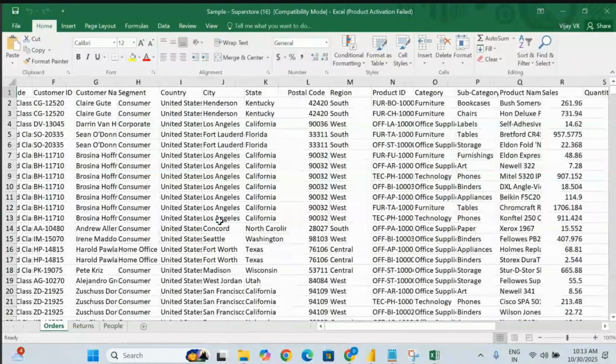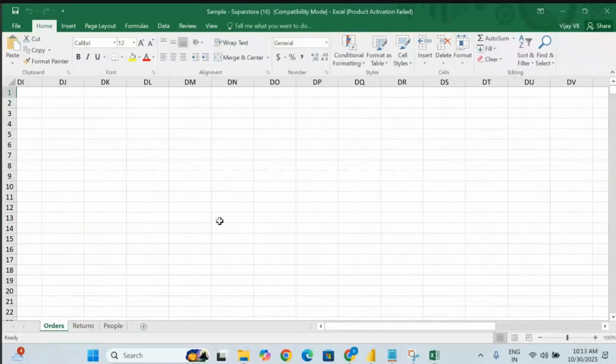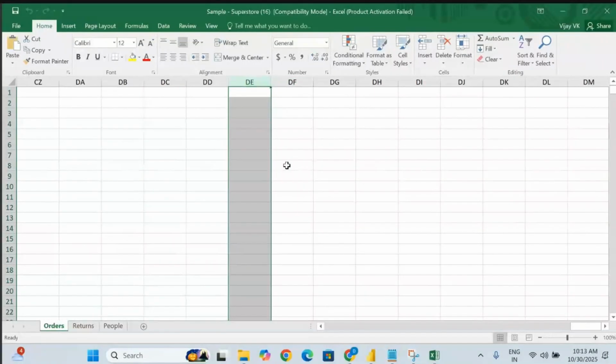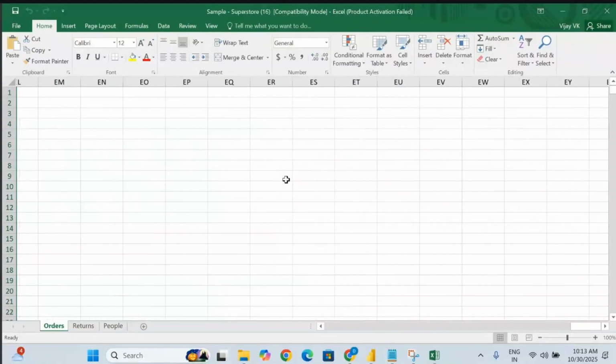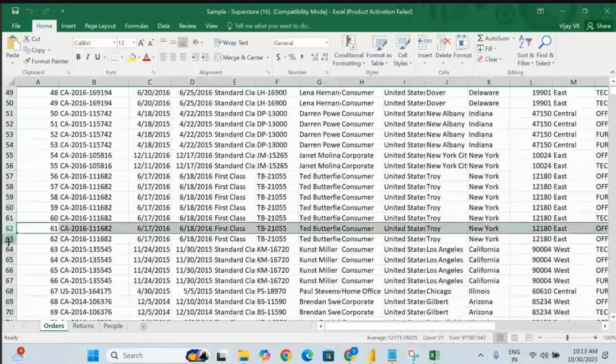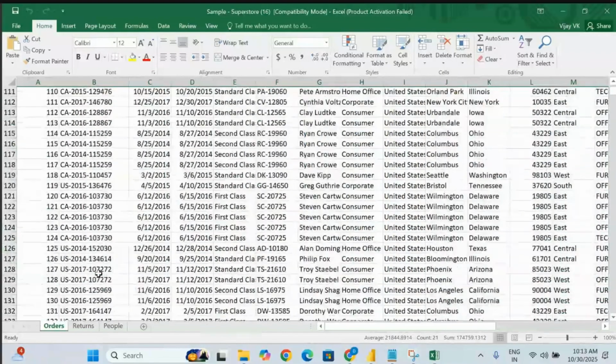Once you scroll like this, you can reach more than 16,000 plus columns. These are all the multiple columns. Once you scroll down like this, these are all the multiple rows. You can get more than 10 lakh plus rows.